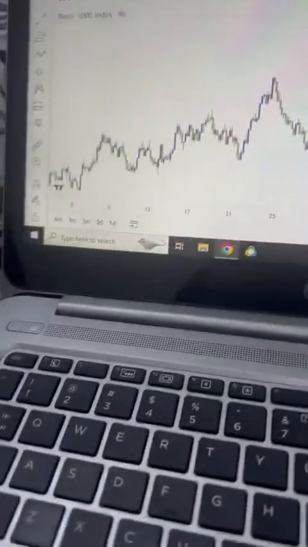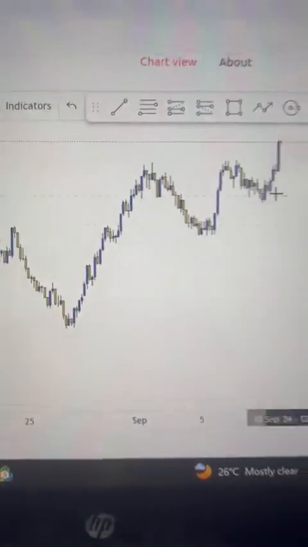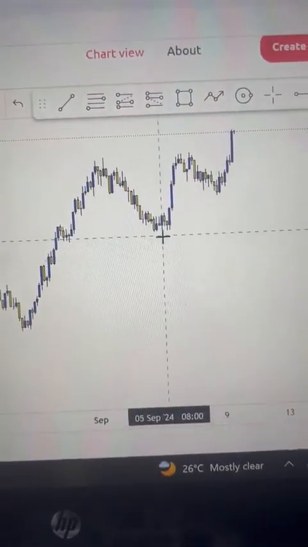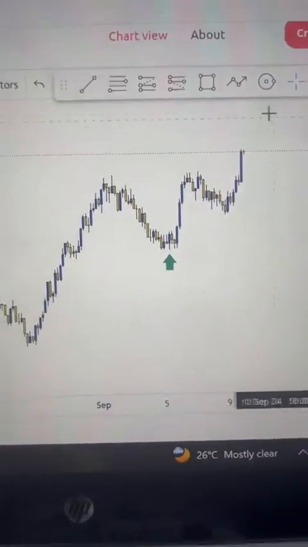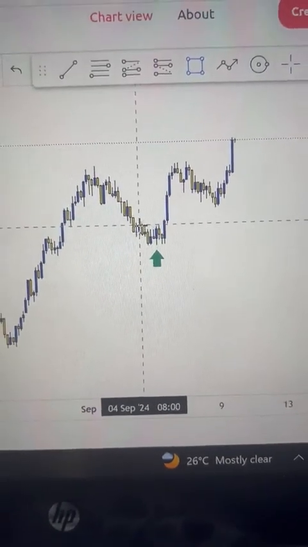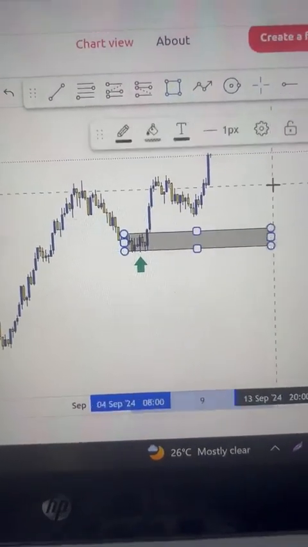All right. First things first, as usual, we go to the book. We are looking for two recent swing highs and swing lows. This is the most recent swing high and swing low here, since the market is in an uptrend. What I can see is that this is a demand level.